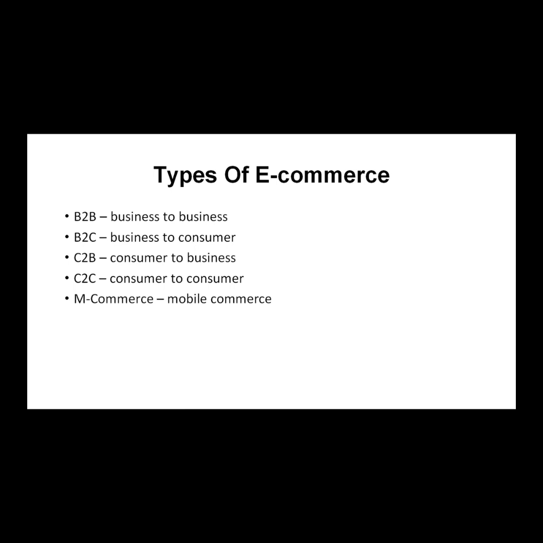Academics determined a number of frameworks for classifying electronic commerce, but each one I want to illustrate from a unique perspective. The main different classes of electronic commerce are business-to-business, B2B, business-to-consumer, B2C, consumer-to-consumer, C2C, consumer-to-business, C2B, and mobile commerce, M-commerce.